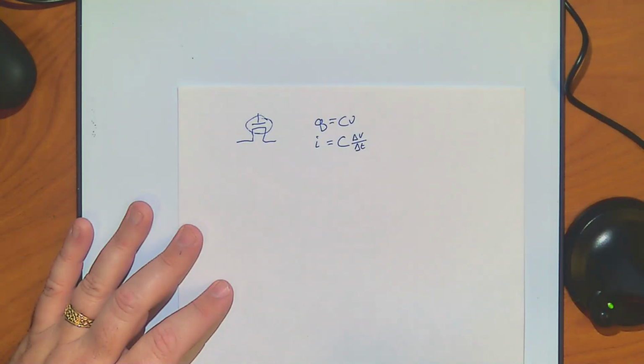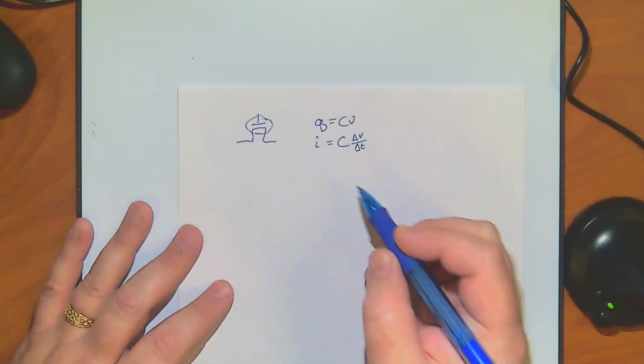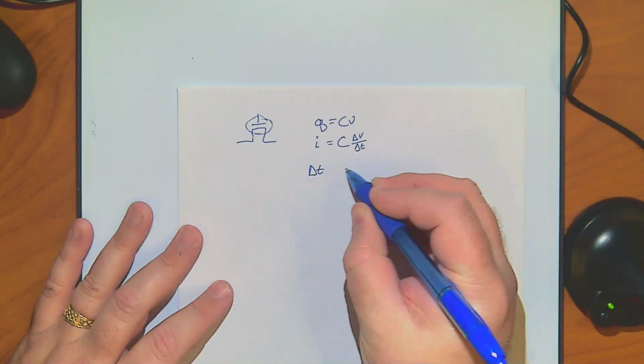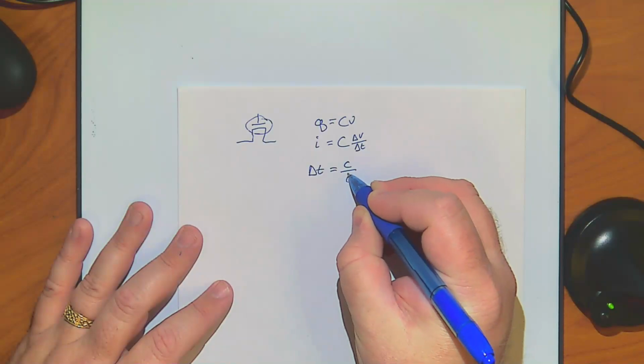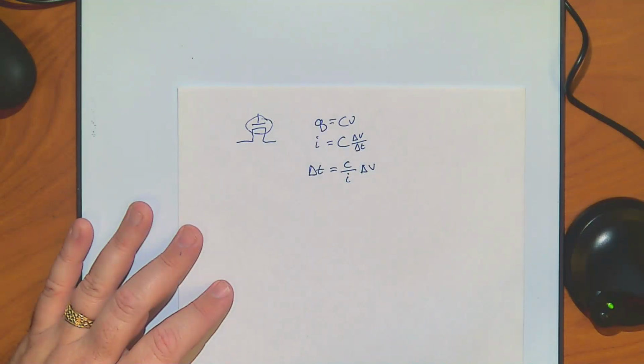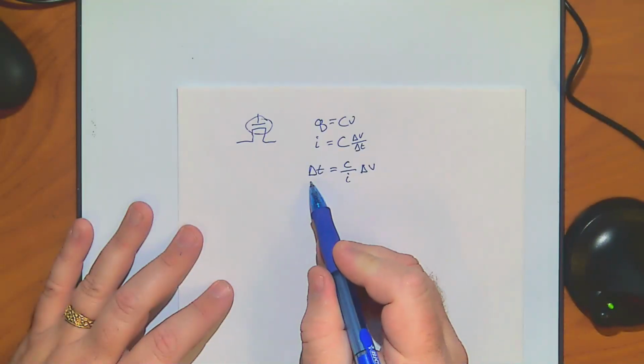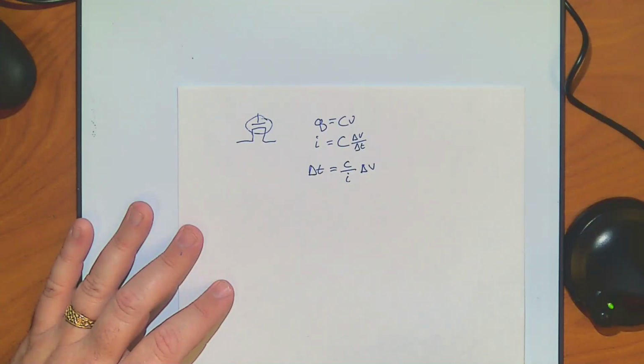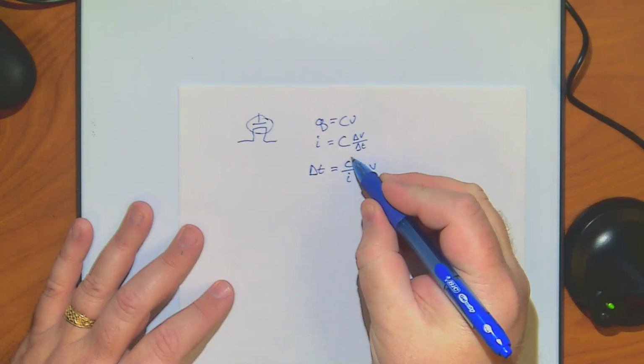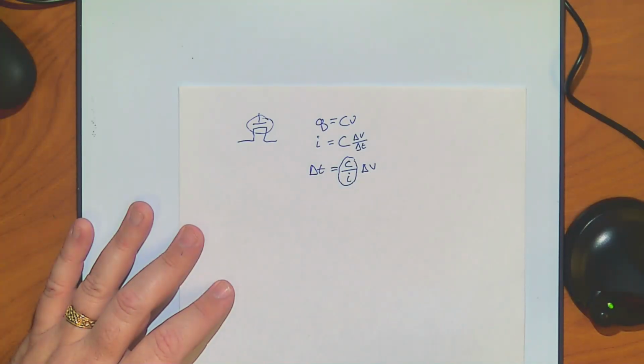I'm going to write it this way because I'm going to split my derivative up here and solve it. So I'm going to take time to the other side. Turn over I, V. So this is telling you the time it's going to take to charge or discharge that capacitor should basically be proportional to C over I times delta V.